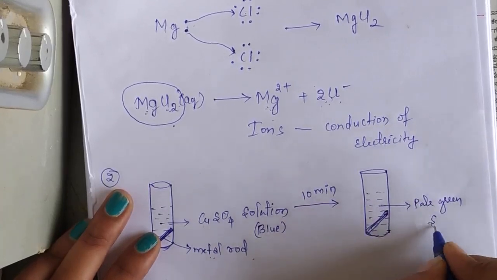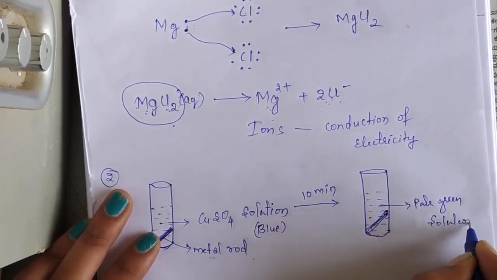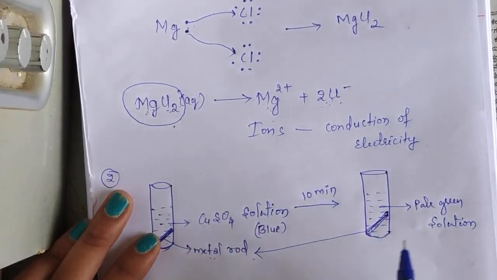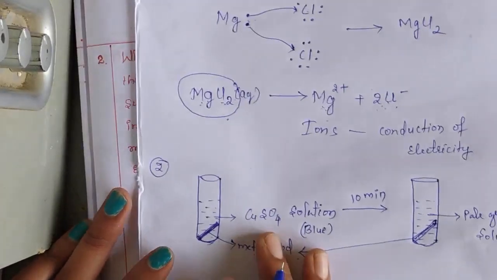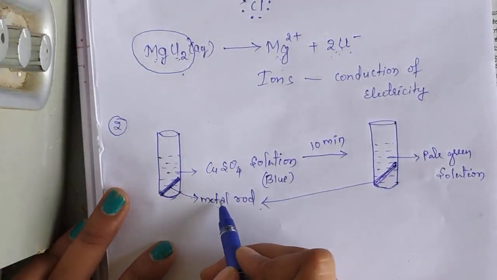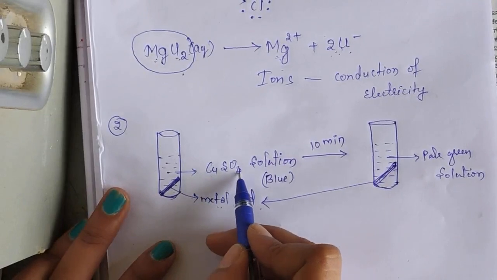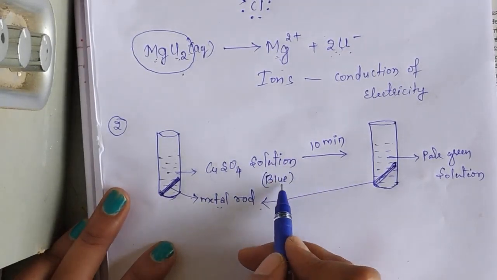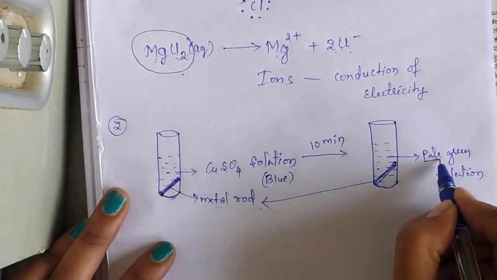So this is what happens when a metal rod is immersed in copper sulfate solution, which is blue in color. After 10 minutes, blue color changes into pale green.